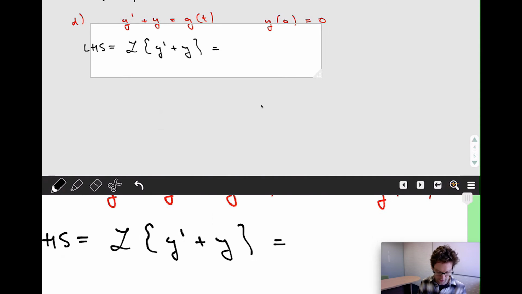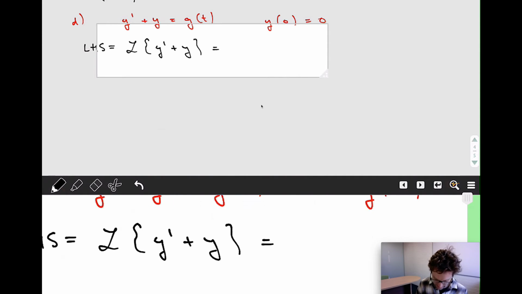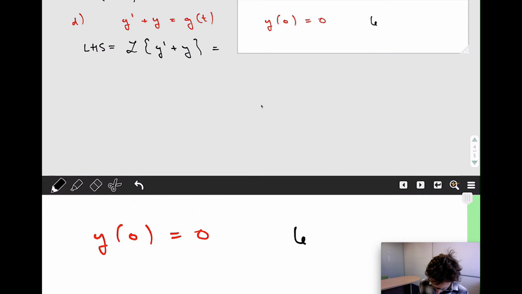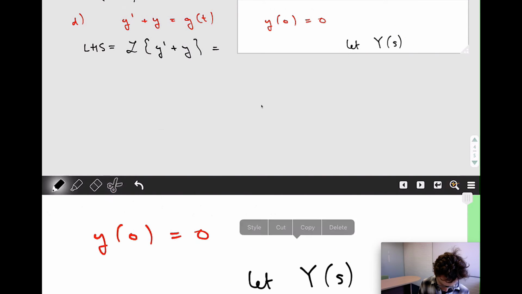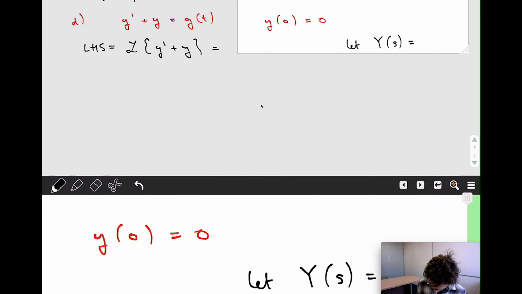So the Laplace transform of the left-hand side becomes the Laplace transform of y prime. Let's let big Y of s equal the Laplace transform of little y of t.